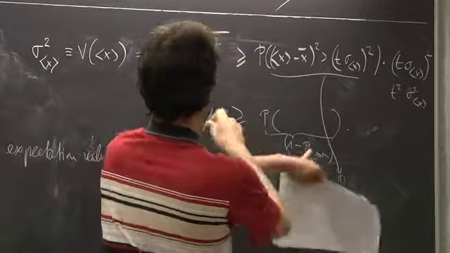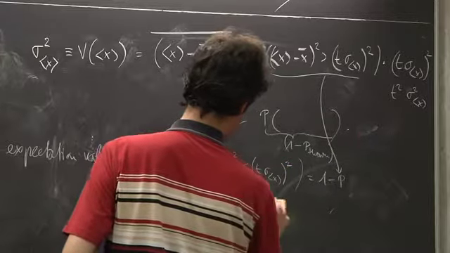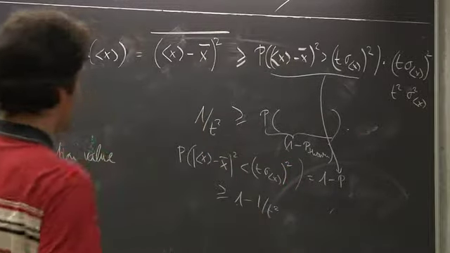If you take it over here and the t squared over there, then you get that this is bigger than 1 over t squared. Okay.